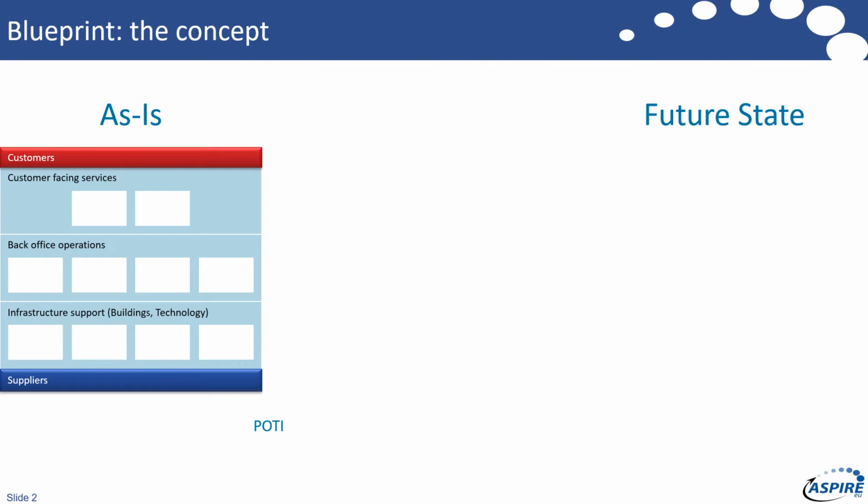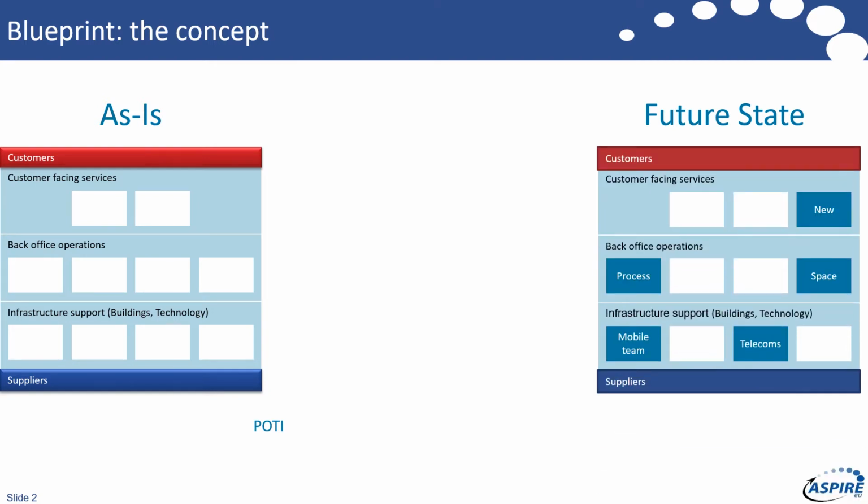So we need to think about what the customers experience, what are the front office operations, what are the back office operations, how does that fit into the infrastructure, how does the technology support work, the building usage, etc., and of course our relationship with suppliers. And what we need to do is design a model of the same but in the future that's different.